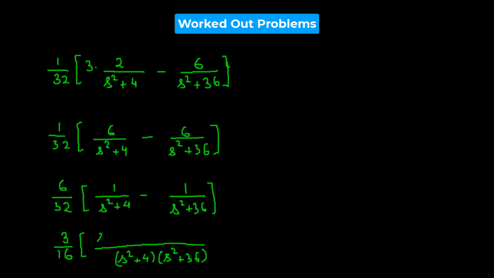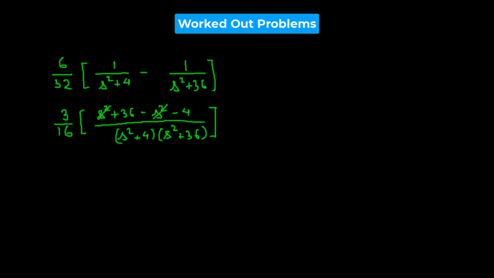So in the numerator we have s squared plus 36 minus s squared minus 4. So the s squared and negative s squared get cancelled, and we have 3 over 16 multiplied by 36 minus 4, so that will be 32, divided by s squared plus 4 times s squared plus 36.